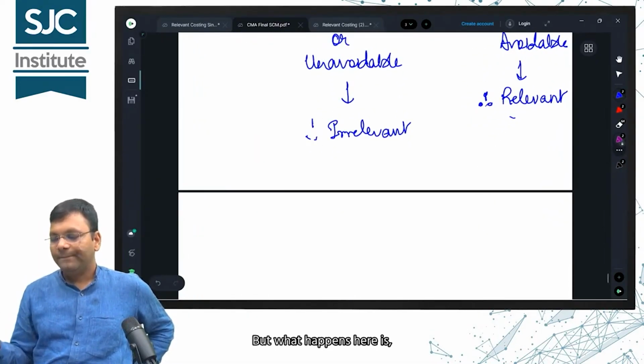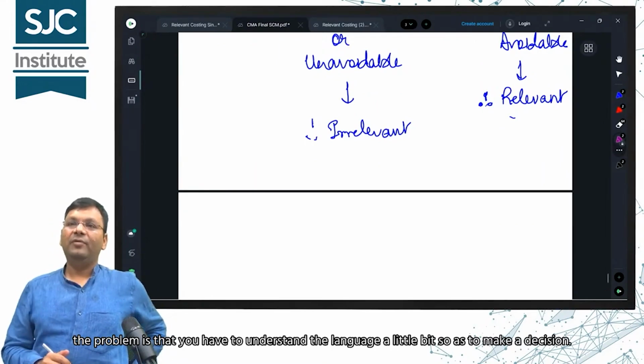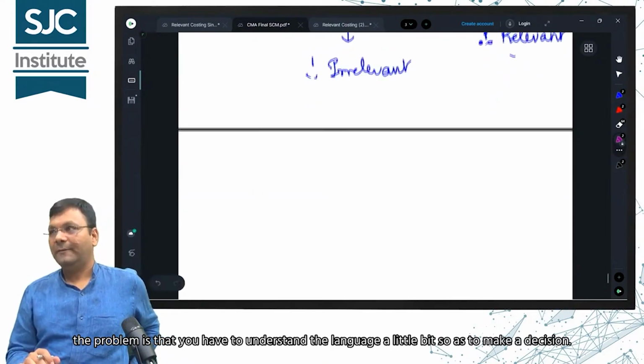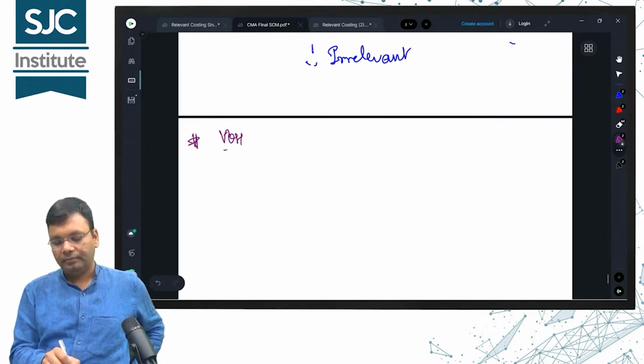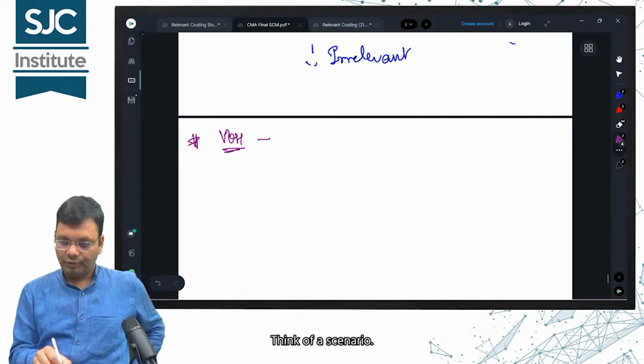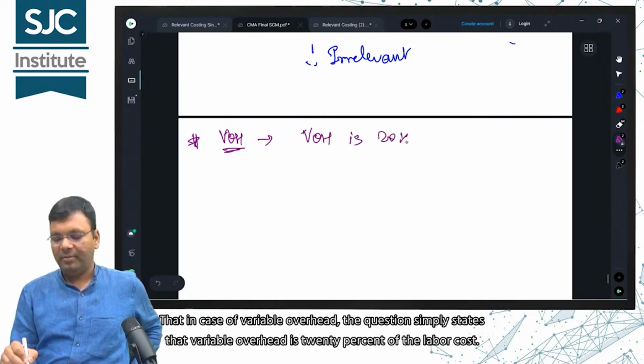But the problem in the question is that you have to understand the language a little bit so as to make a decision. For example, for variable overhead, think of a scenario where the question simply states that variable overhead is 20% of the labor cost.